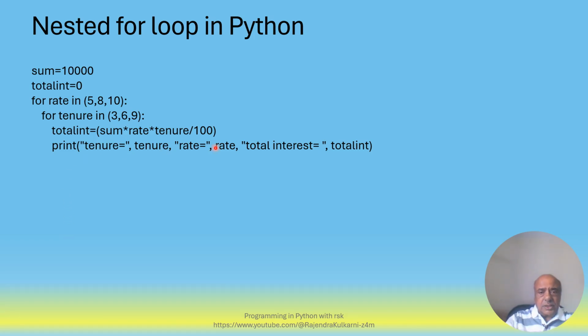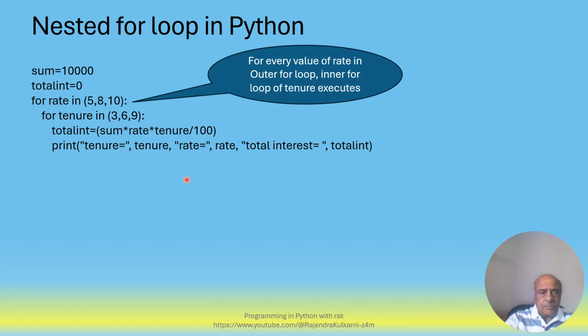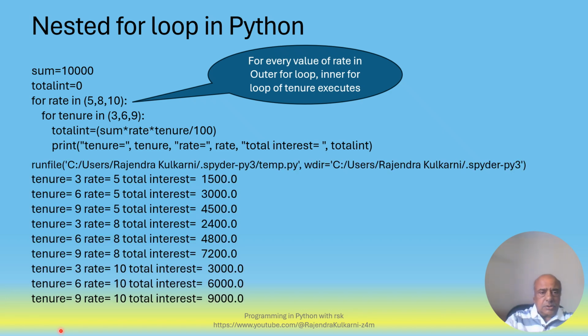Here we get the output tenure, rate and total interest. For every value of rate in the outer for loop, the inner for loop executes for the given set of tenures. Now this is the output. Tenure is 3, then it goes to 6, then 9.